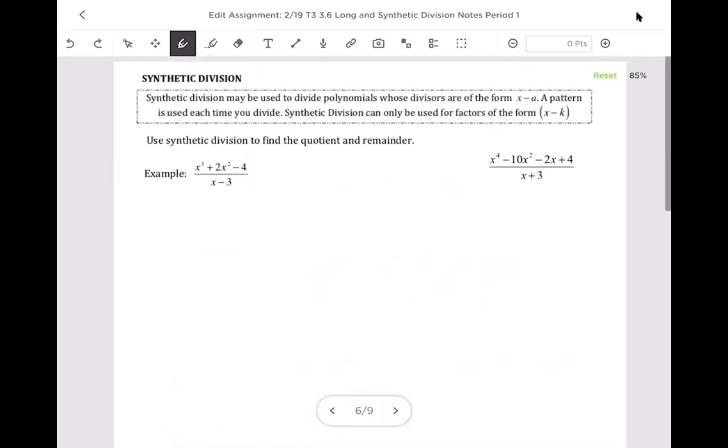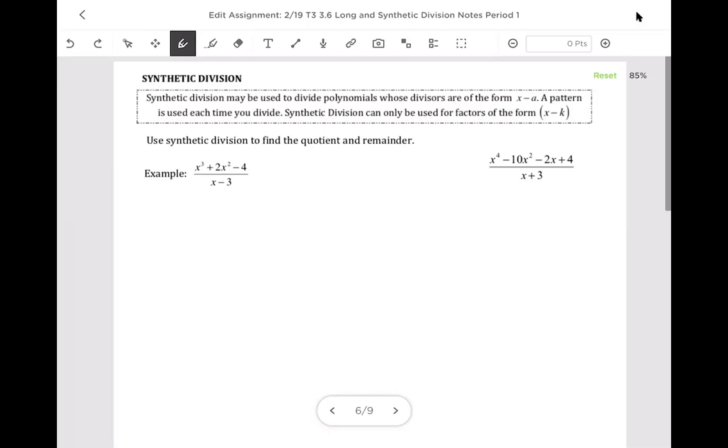Synthetic division is a technique used to find factors and zeros of polynomials. You can only use synthetic division when you are dividing by linear factors where the coefficient of x is 1.